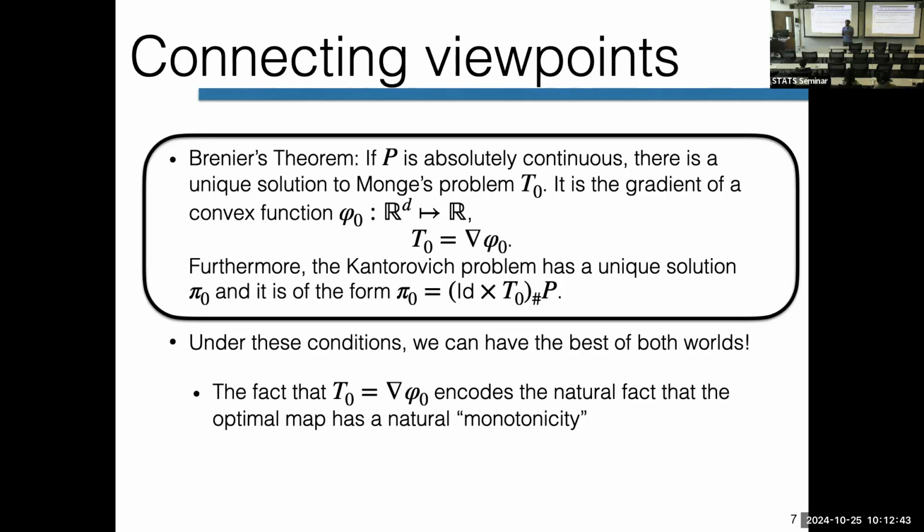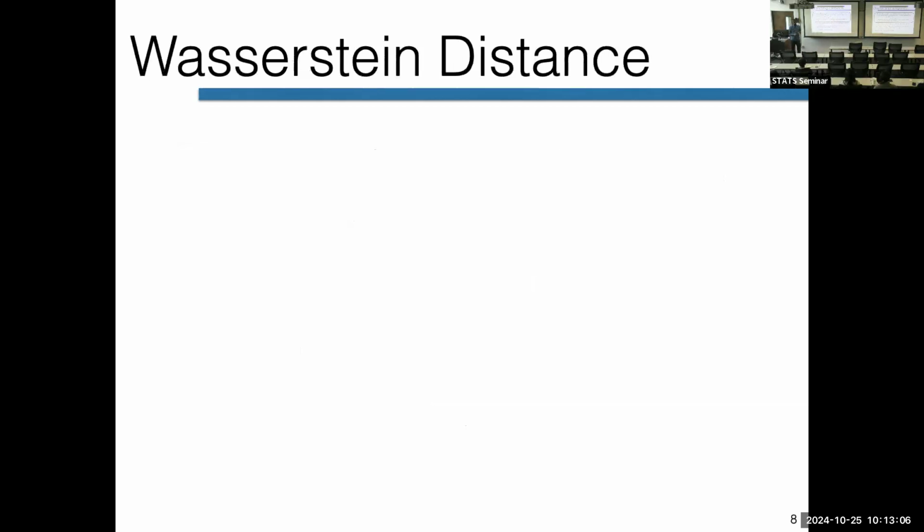There's some sense in which the map doesn't cross itself. If you remember that figure that I showed you of an optimal transport map, you can see that the lines never crisscross. That's just a nice property that this map has. This quantity phi0 might come up again. It's called the Brenier potential. So the gradient of the Brenier potential is the transport map. Everyone good so far? Great.